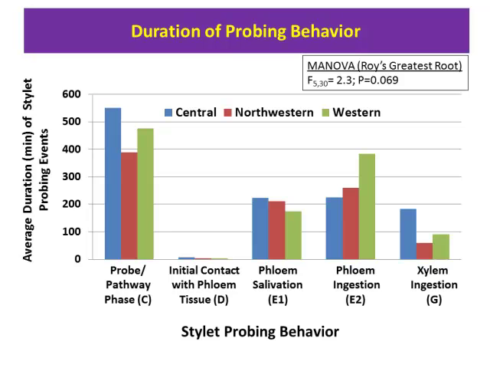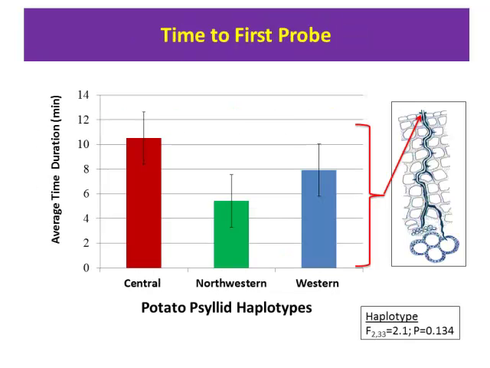They spend the time trying to probe with the stylets. They all reach the phloem almost the same time. They spend a little time and then they pull out. You can see they all spend time in the phloem, salivating, acquiring the bacterium, and feeding in the xylem. So basically these three haplotypes have kind of the same feeding behavior.